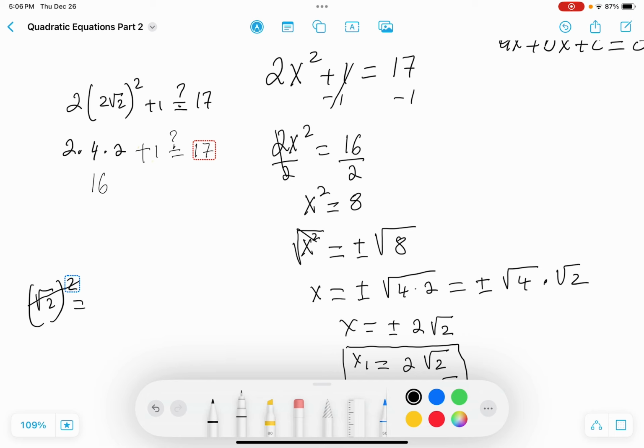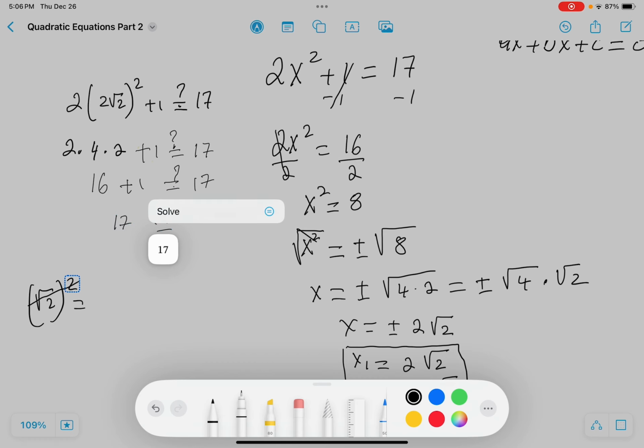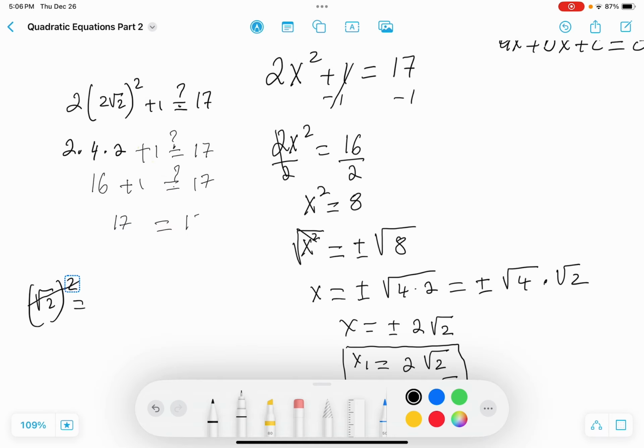16 plus 1, is that equal to 17? I'm checking. 16 plus 1 is 17 on my left side, and I also have 17 on the right side. Is that correct? Yes, 17 is equal to 17. That means this solution is correct.